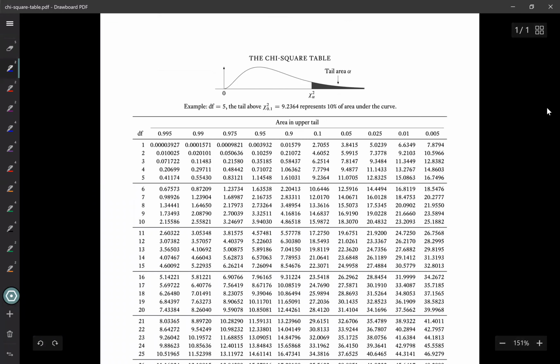We look at alpha 0.05 with 4 degrees of freedom, and this is our chi-square star, 9.4877. Our observed chi-square was 59.41, which is a lot larger than our critical value.